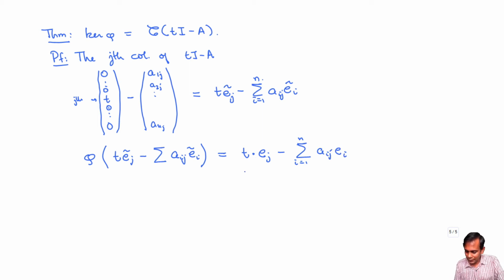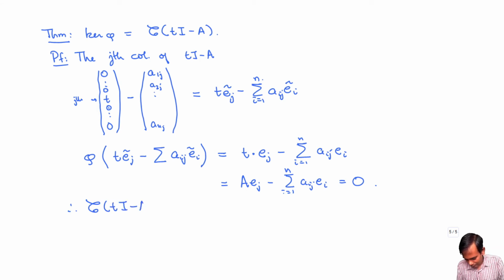But how does T act on e_j? Well, T acts by the matrix A. So this is A e_j, you think of e_j as a column vector with a 1 in the jth place, minus the sum of a_ij e_i. But you'll recognize this summation here as nothing but A e_j itself. So this is 0. Hence, we have shown that the column space of tI minus A is contained in the kernel of phi.